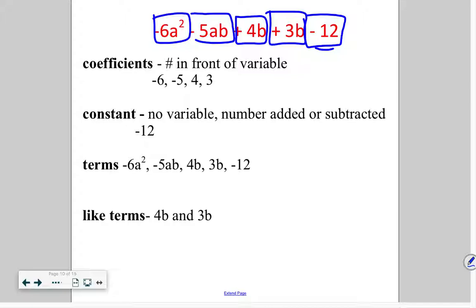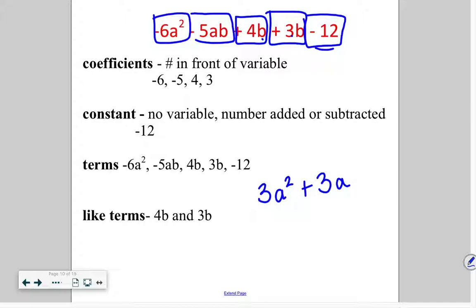Like terms would be those then that have the exact same variables. So 4b and 3b are like terms. If I have an example like, are 3a squared and 3a like terms? 3a squared and 3a, are those like terms?